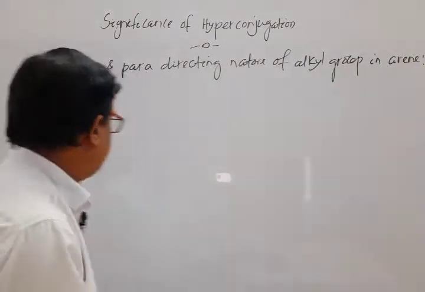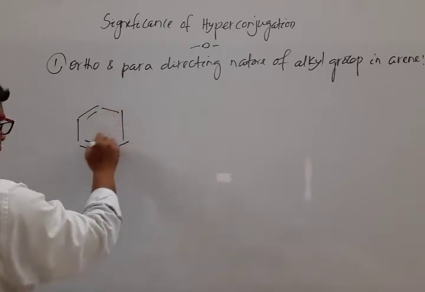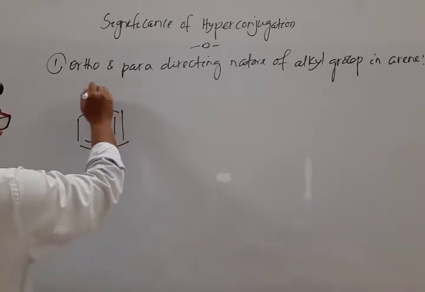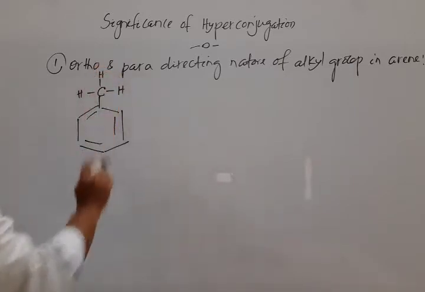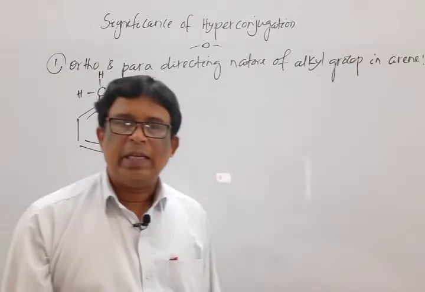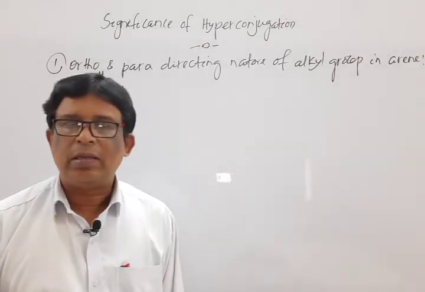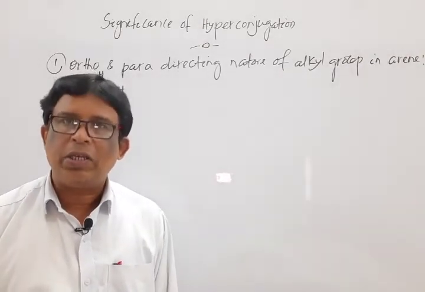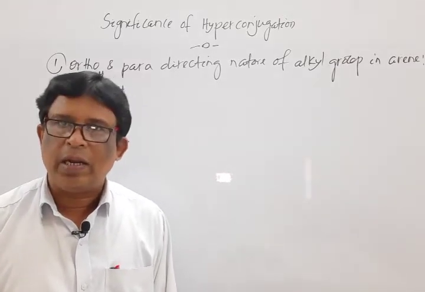Mark the structure. It is an alkyl group, a methyl group, attached to the benzene nucleus, known as toluene. Like resonance, we observe the different resonating structures in hyperconjugation, or no bond resonance.